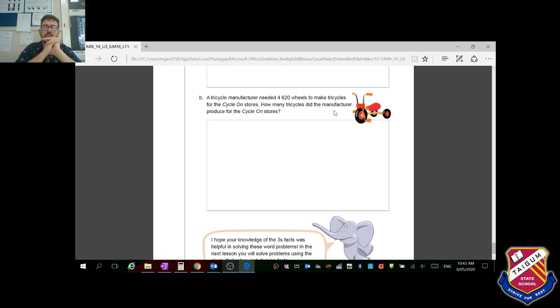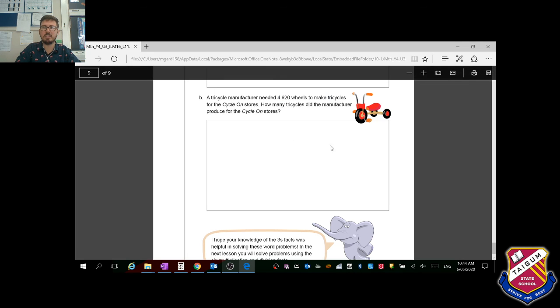So I have to take the big number, the total, which is 4,620, and I have to share it by 3. So I have to divide it by 3.